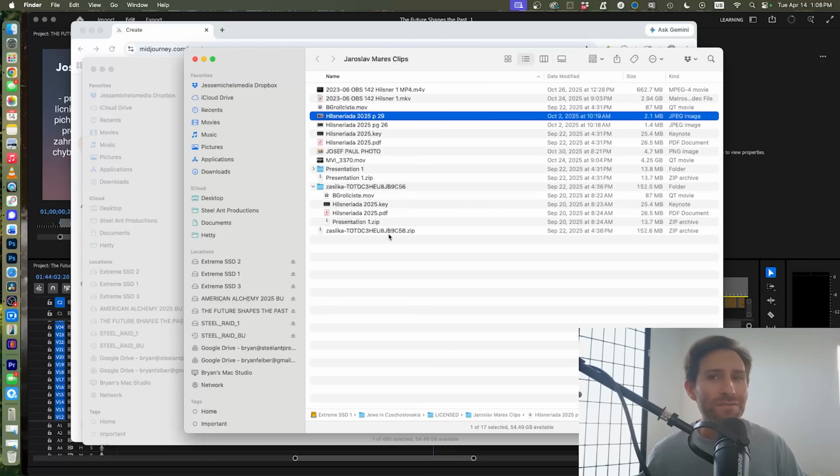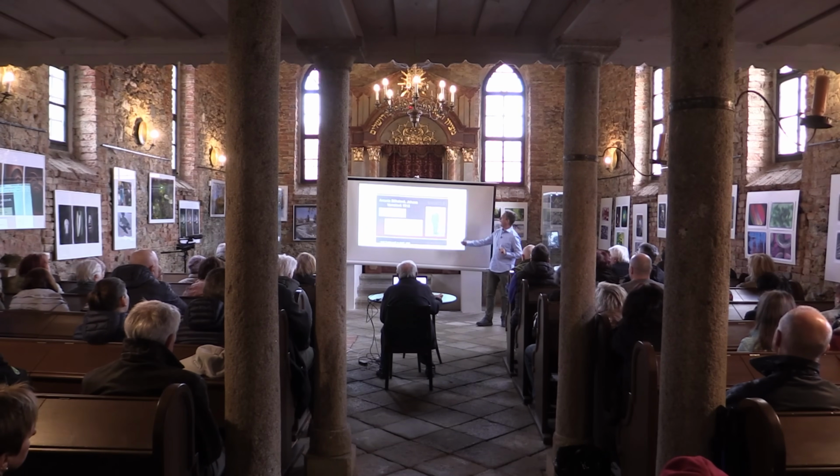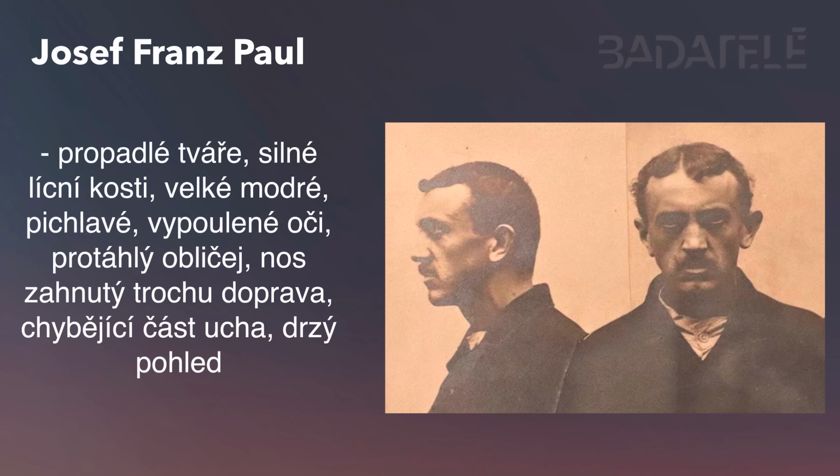So when I first started to try to generate this alternative suspect, Josef Paul, I didn't actually know that Jaroslav Mediš's mugshot existed. I hadn't seen that presentation he gave in the Polna synagogue where he showed that in his PowerPoint presentation.